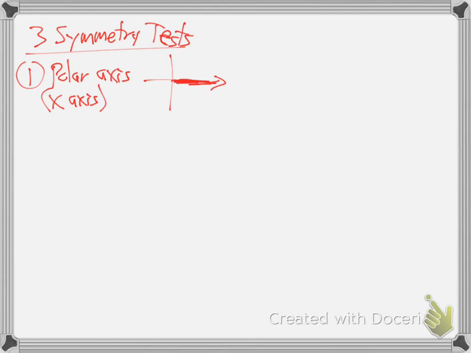It's 0. Basically, a graph is symmetric, the same, on the 2 sides of the polar axis, the x-axis. Meaning, if the graph has something up here and down here, that would be symmetric, the same, on the top and the bottom of the x-axis. This is the polar axis, the x-axis.